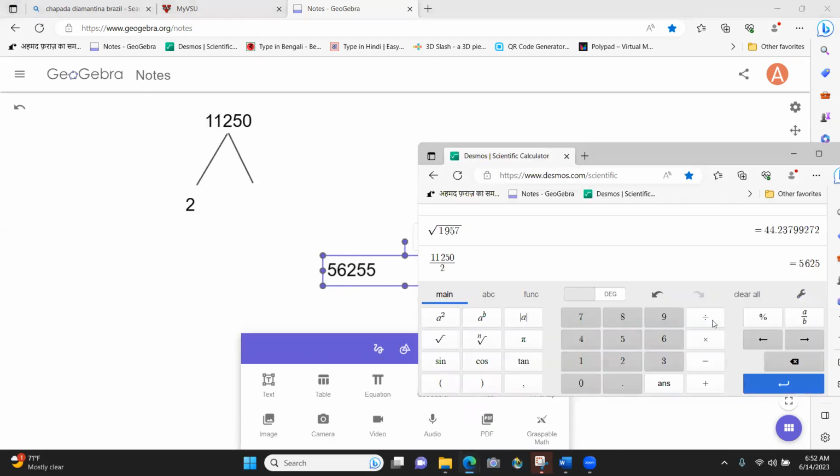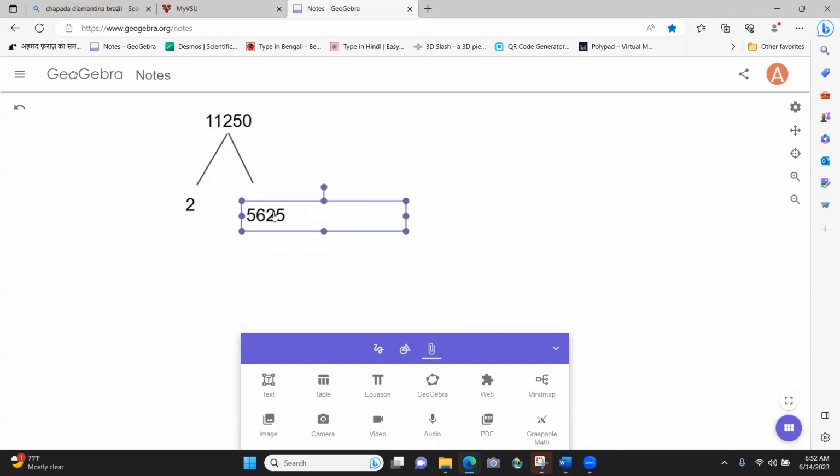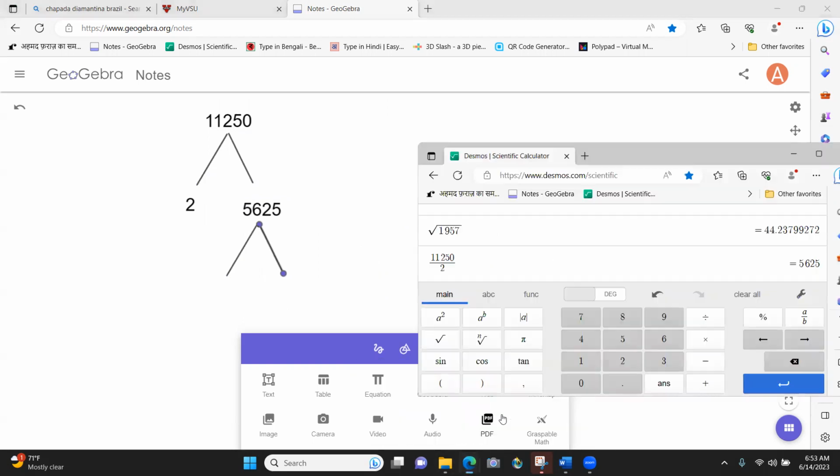What's going on here? Let me fix it. That's what I got. Okay. Now this number clearly is divisible by 5. I'm going to divide this by 5. And what do we get? Just to let you know, I may move to the left. This number is divisible by 5.